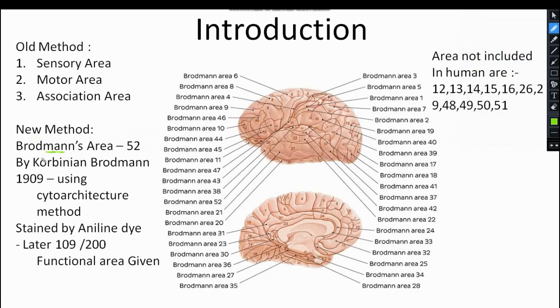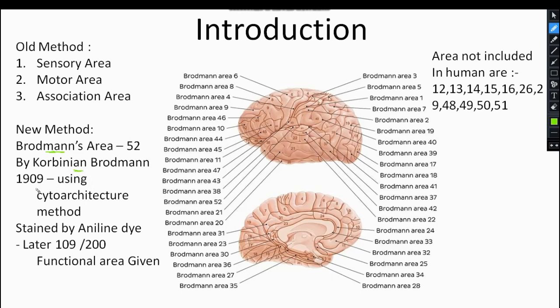So this Brodmann area in the cerebral cortex was given by a very famous anatomist. He gave this Brodmann area in 1909, and that anatomist was Korbinian Brodmann. Korbinian Brodmann studied the human brain as well as the monkey's brain.